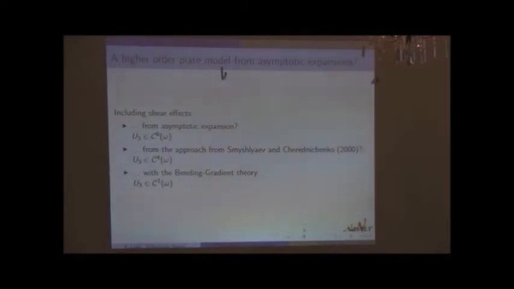So I will try to convince you that somehow the bending gradient theory, this is one reason for choosing this approach, is that you can keep very low regularity of fields, and the deflection will be only C1, and I will need new kinematic degrees of freedom for this. It's like relaxation like in a Reissner plate model. Okay.